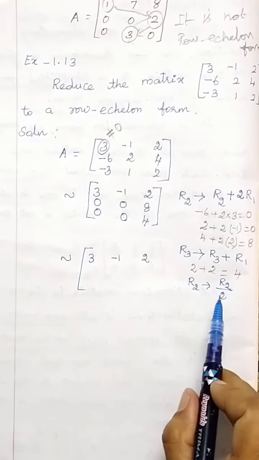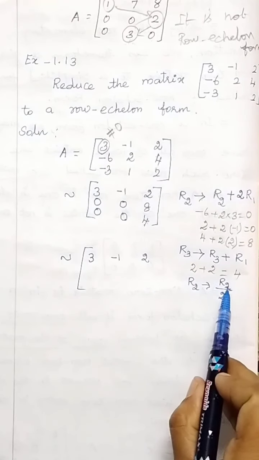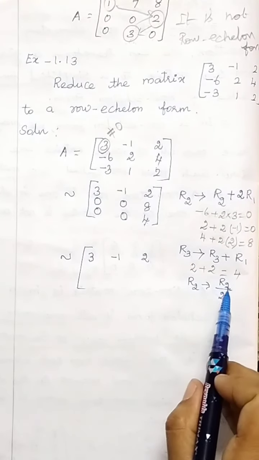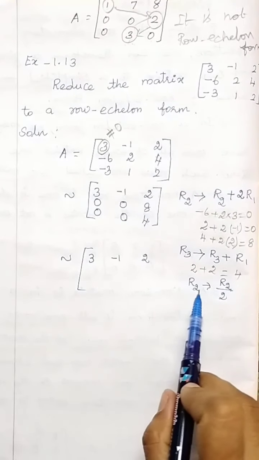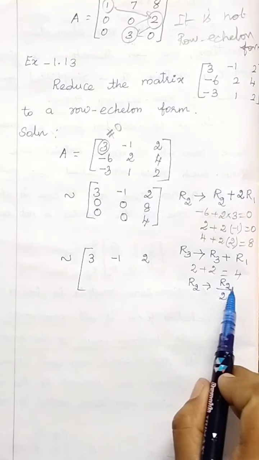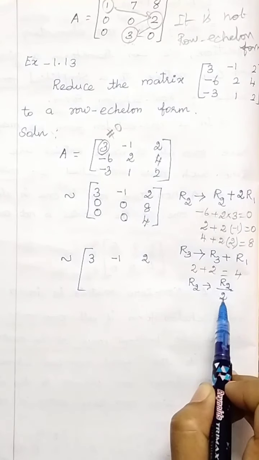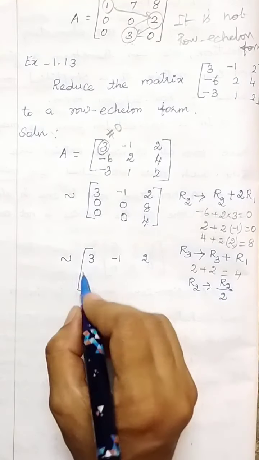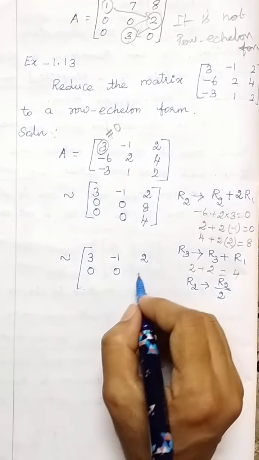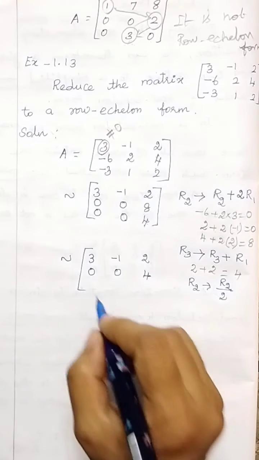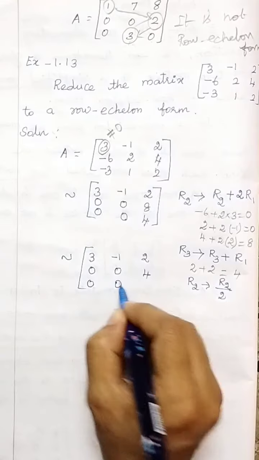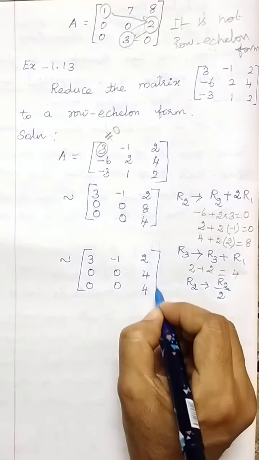This is our second property. Scalar multiple of the same row. Okay, replacing the row of the matrix by a scalar multiple of the matrix. Here our lambda value is 1 by 2. So our R2 changed to 0 0 8 by 2, 4. Then our third row as it is you write 0 0 4.